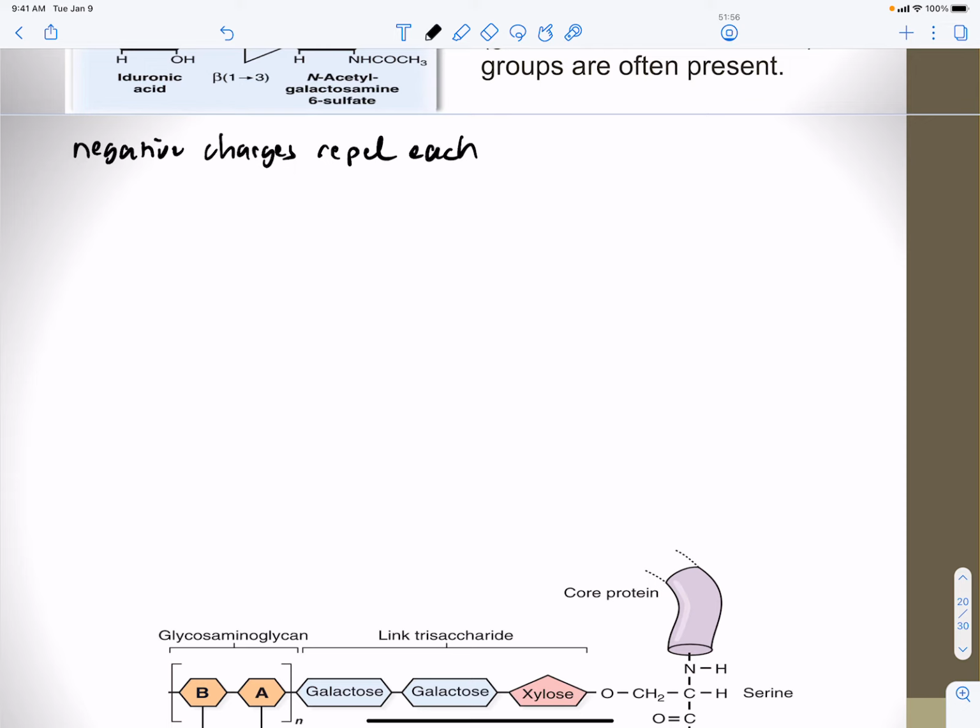So this is another important aspect, because this means that your proteoglycans are going to occupy a very large space. And this is going to be important for giving flexibility to cartilage, permitting expansion, re-expansion in those areas as well.